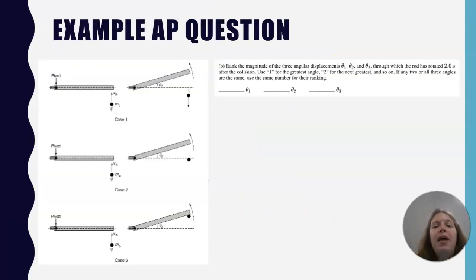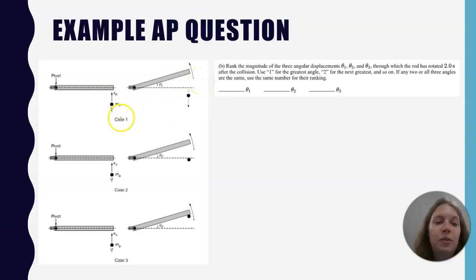So here's an example AP question that combines linear momentum and angular momentum of different things. We have these three cases where we have a rod, and we're going to ignore all friction between the pivot and the floor. This is a top-down view. And the mass has some linear velocity Vp, so I think this is a puck, that's why it's called P, and in case 1 it rebounds off of the rod.